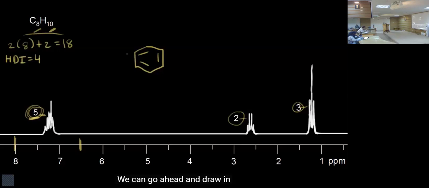Now, if you look at the intensity, this is 1, and the doublet has 1 and 1. So singlet is 1, and doublet means equal intensity.